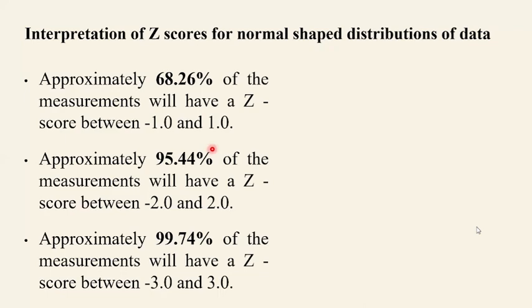Suppose we take 100 observations, which are standardized values, say 100 students' marks, and convert each student's marks to a Z score. Then around 68% of the students' Z scores will be between -1 and 1.